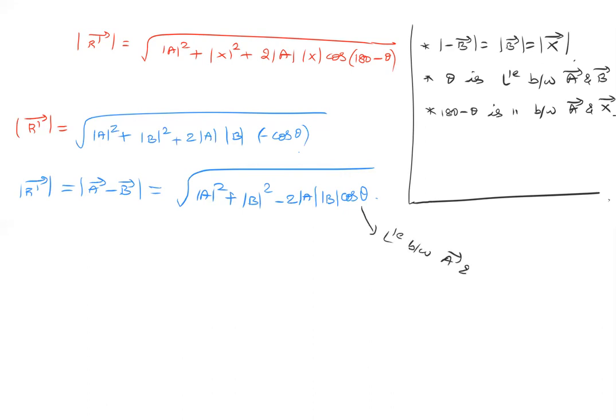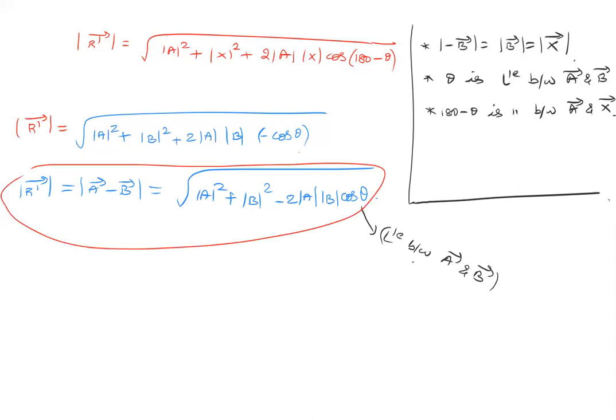So this is how you get the subtraction. And coming to direction, you better draw it from the diagram and then try to give the answer. So this is how you are supposed to do it.